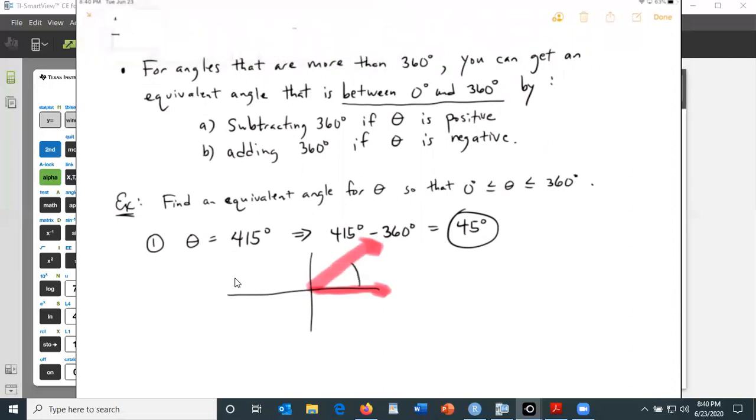So let me put this here. That's 45. But if you rotate the top arm all the way around one more time, that's adding 360 to that. So that would really be this angle. That would be 415. But they're in the same position. So it's the same angle.